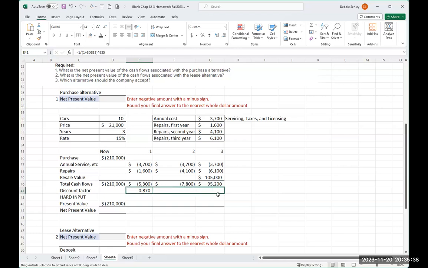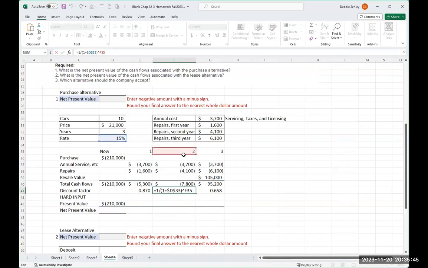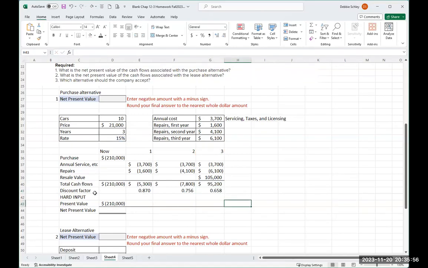And I can drag that across because I anchored the cell. So again, year 2, it's going to reference raised to the value of 2. And year 3 is raised to the value of 3. Remember, we need to do a hard input so we get accurate answers. So 0.870, 0.756, 0.658.